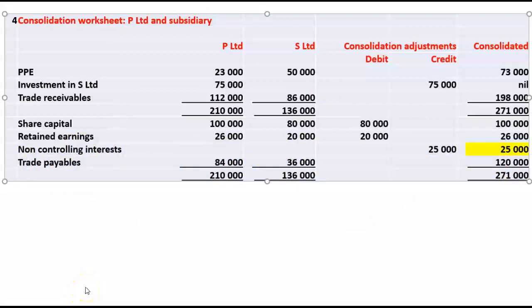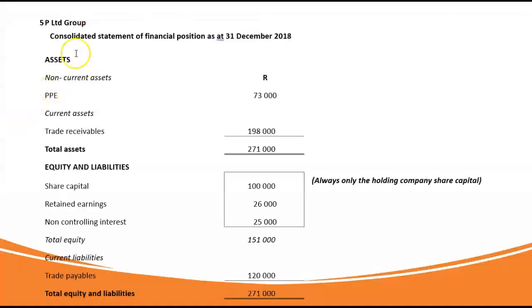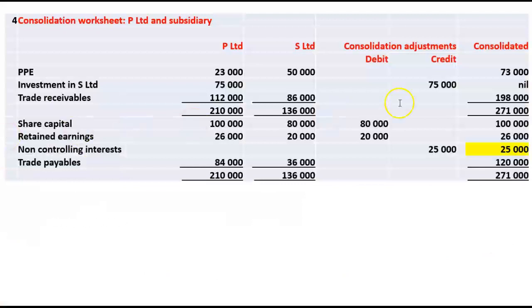Our consolidated statement of financial position is going to be exactly those figures. So total consolidated PPE is going to be 73,000. There it is, proper heading: P Limited Group consolidated statement of financial position as of 31 December 2018. Assets, non-current assets, PPE, 73,000. Current assets, trade receivables, 198,000.